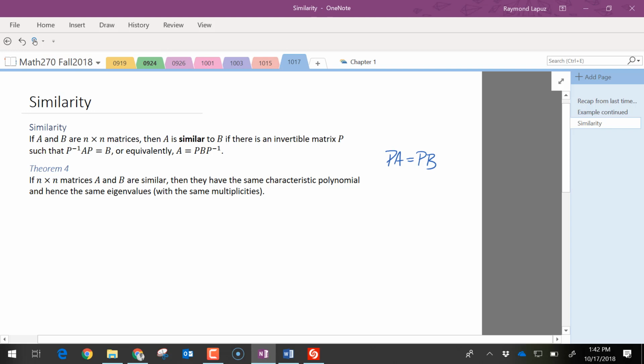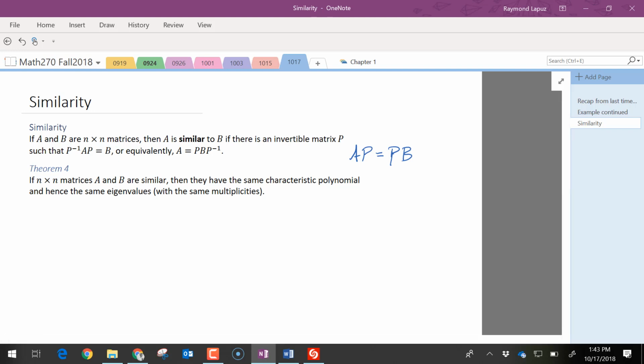Is that right? No. AP equals PB. Sometimes this is how it's defined in other books.